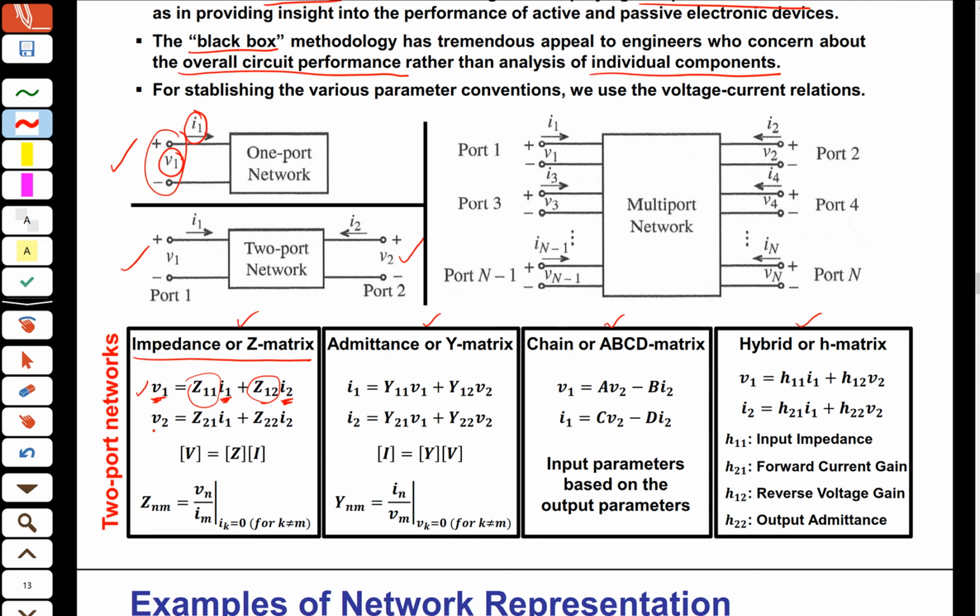And again for V2 we have another two parameters. So we define Znm in an n-port network as Vn divided by In, when the other currents are 0.